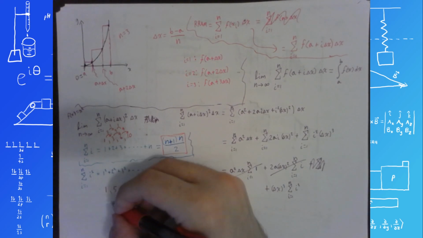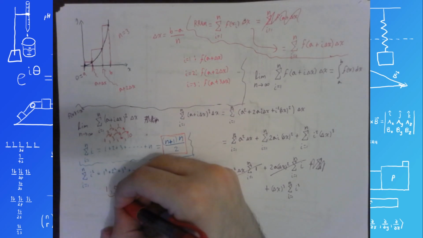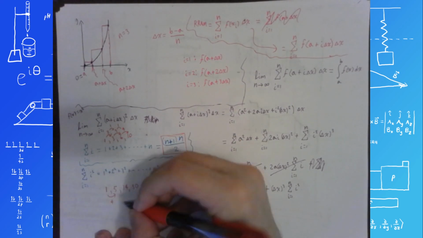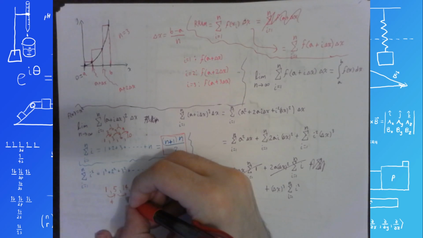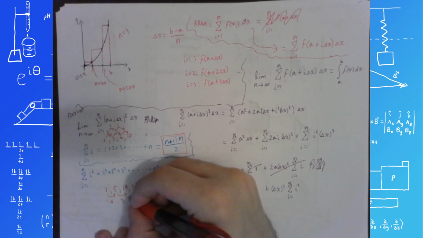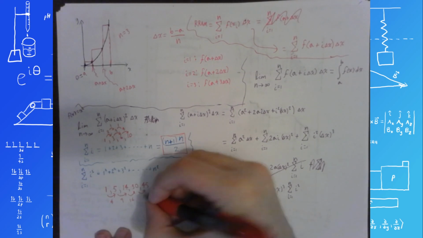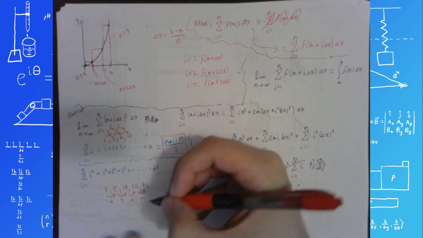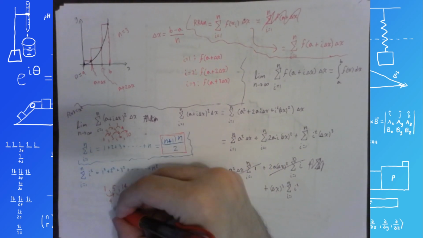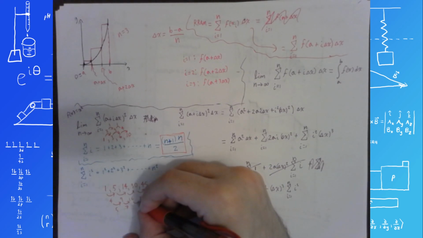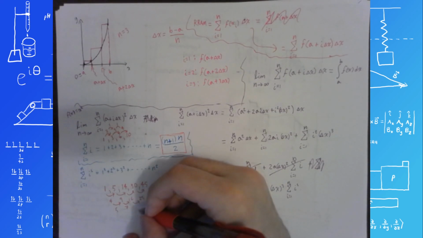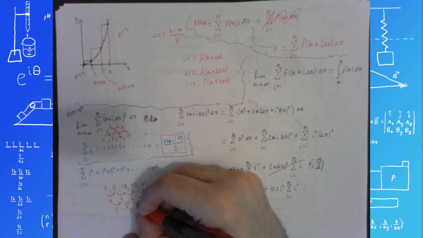So if I start calculating the differences here, let's see, I've got first difference is 4, then 9, then 16, no surprise there, then 25. If I start calculating second differences, I've got 5, and then 7, and then 9.